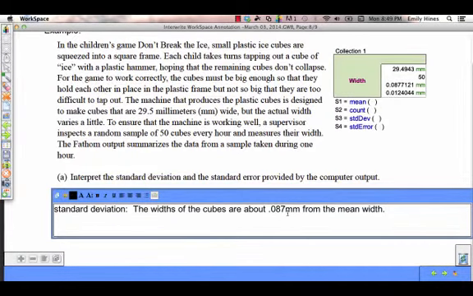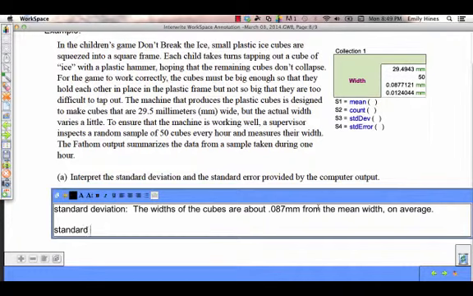Okay, that's what standard deviation means, that each individual width on average is about that far from the actual mean width.